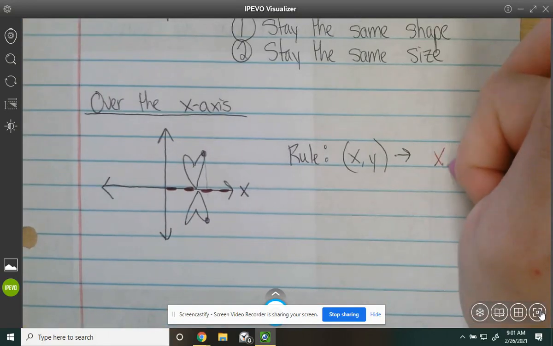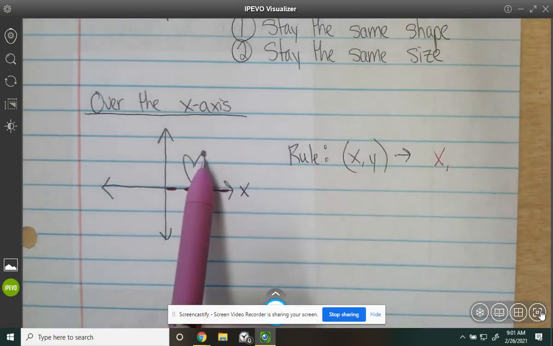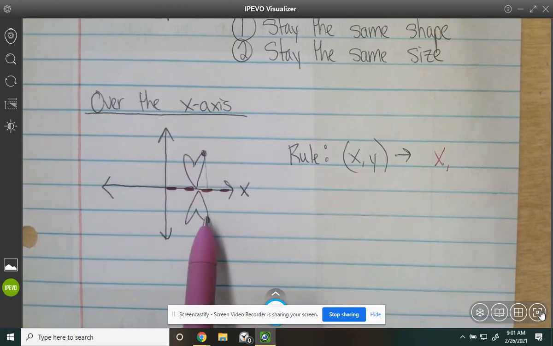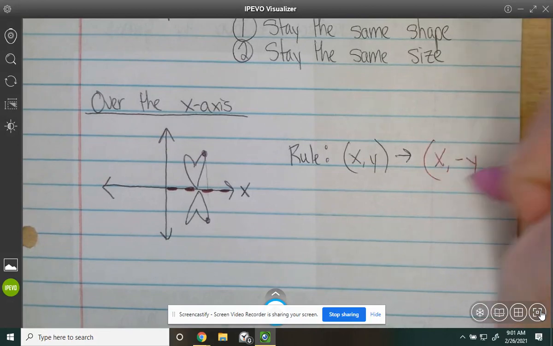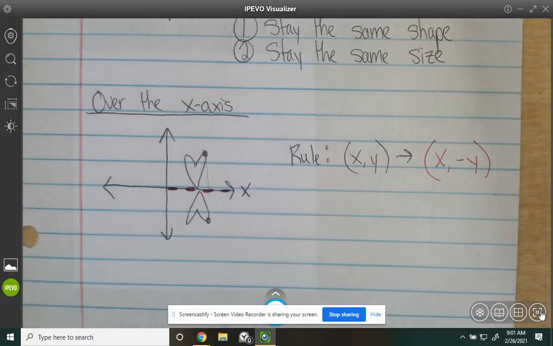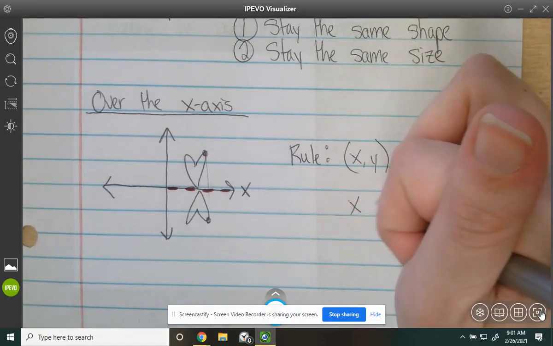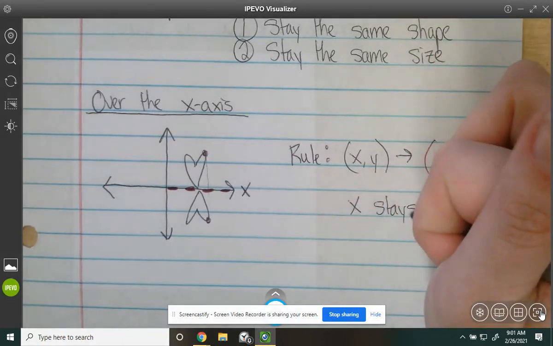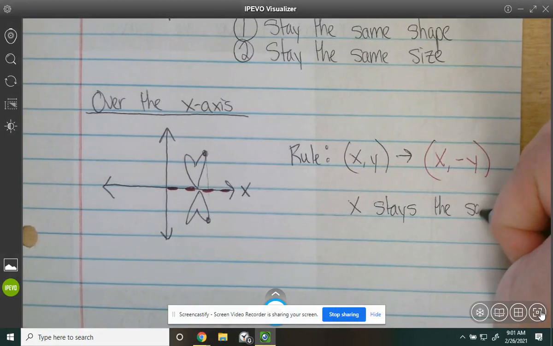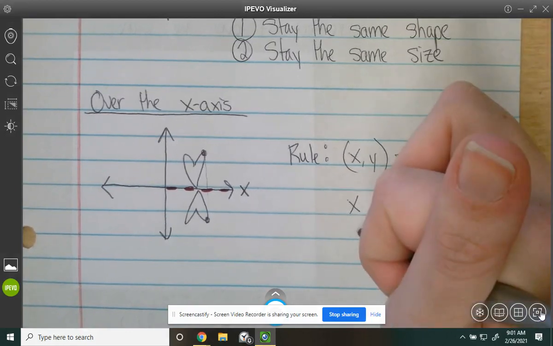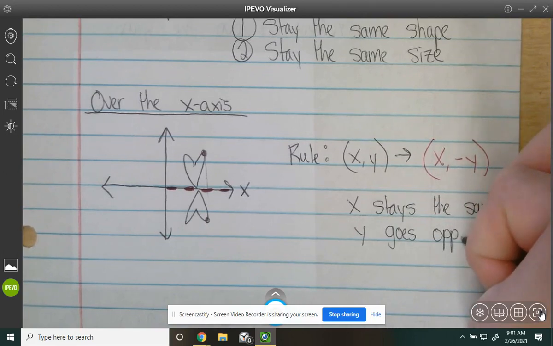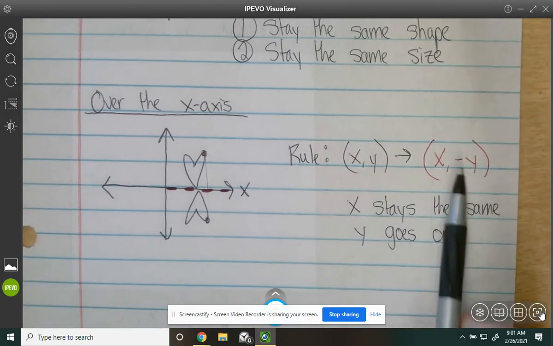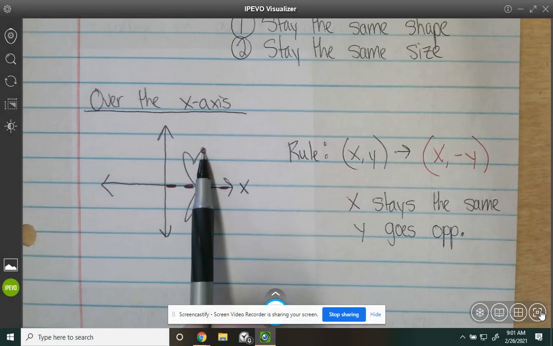But my y, let's say this was a 3, now it's down in the -3. So my y goes negative. And that's my rule. So to restate that, x stays the same, y goes opposite.